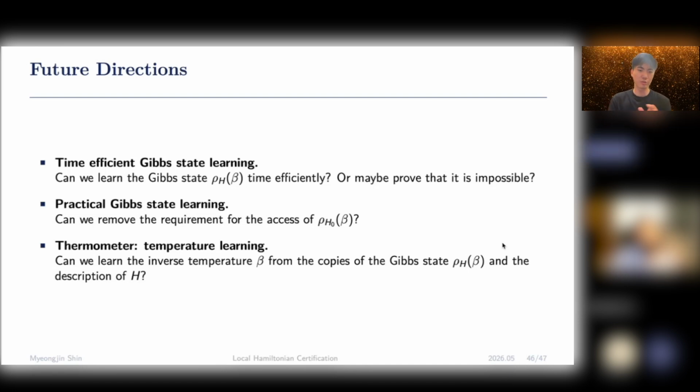There are no known algorithms for learning the inverse temperature beta from the Gibbs state, even if we have this description of H. If we don't have the description of H, it's kind of impossible to learn the temperature beta in an efficient way. But even if we have the description of H and the Gibbs state itself, it's kind of hard to learn the inverse temperature. It is not known, so it could be an interesting topic. So those are the future directions.